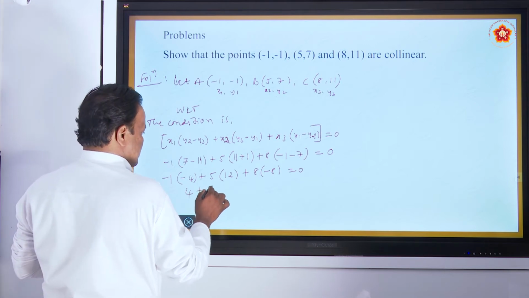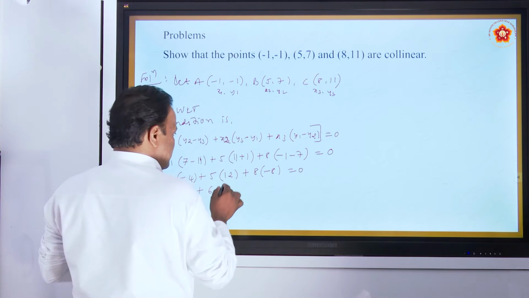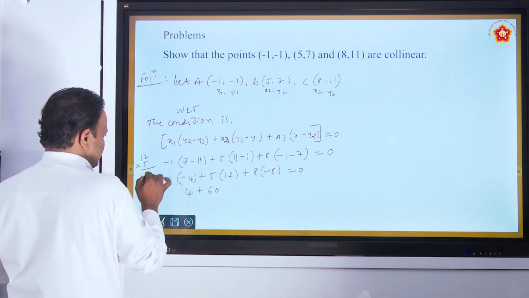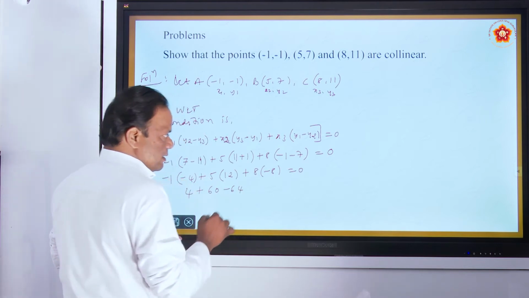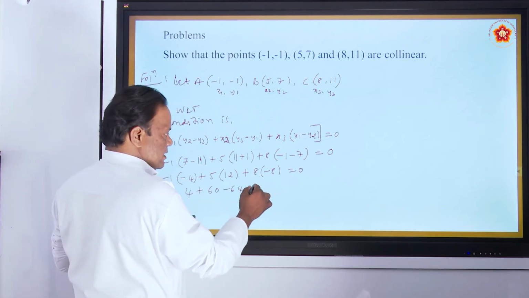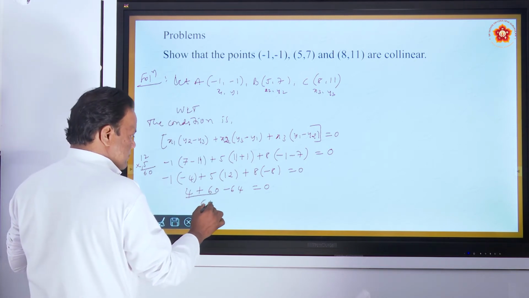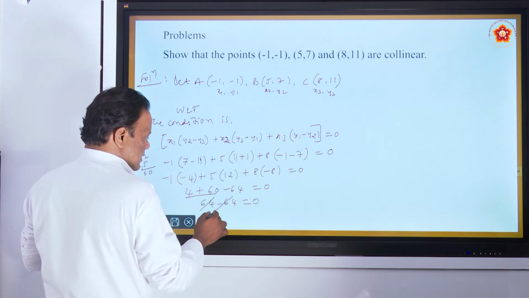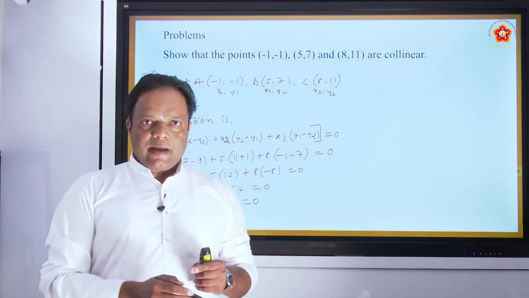Plus 12 times 5 is 60, correct? 12 fives are 60. 8 times minus 8 is minus 64. So 60 plus 4 is 64, minus 64 equals 0. 64 gets cancelled, 0 equals 0. We got LHS equal to RHS.